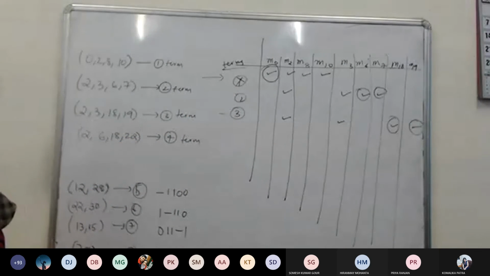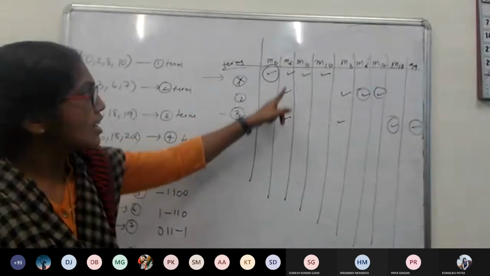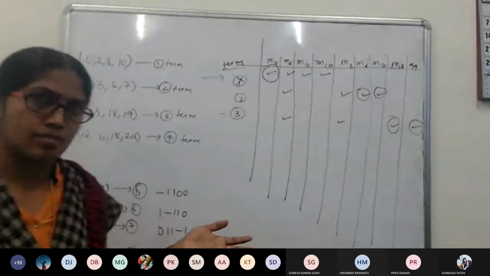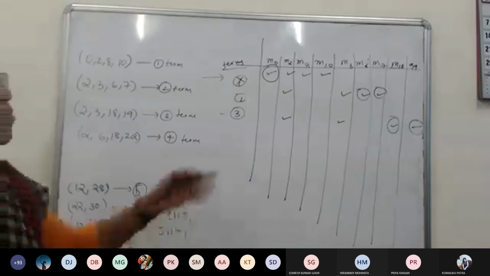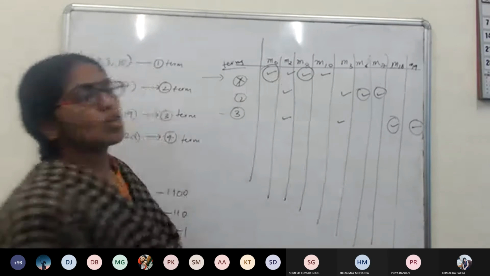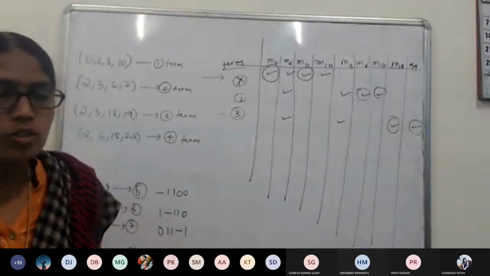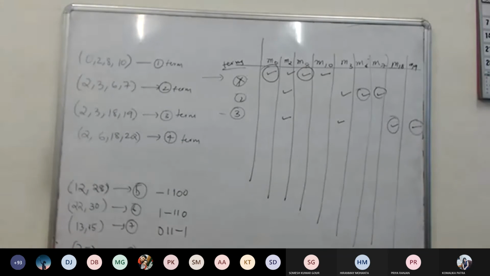So I can say that this particular one is essential, whereas this one is not essential because it is spread over three terms. That's the example I am telling. It is essential because it is covered only once. For example, here M8 is also essential because only one term is bearing it. Without that, it cannot be. I think this explanation should do.